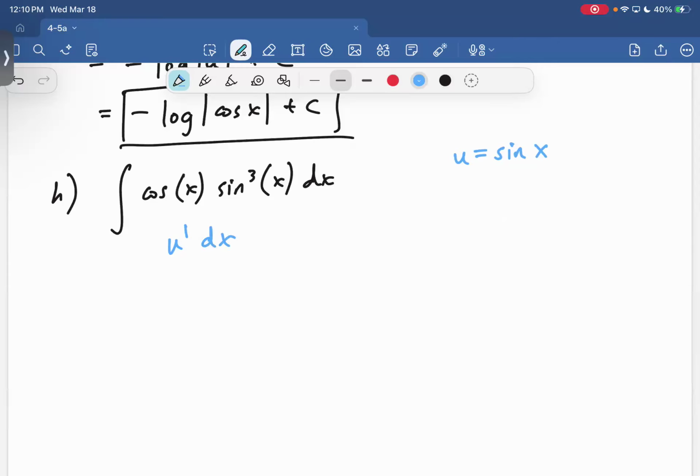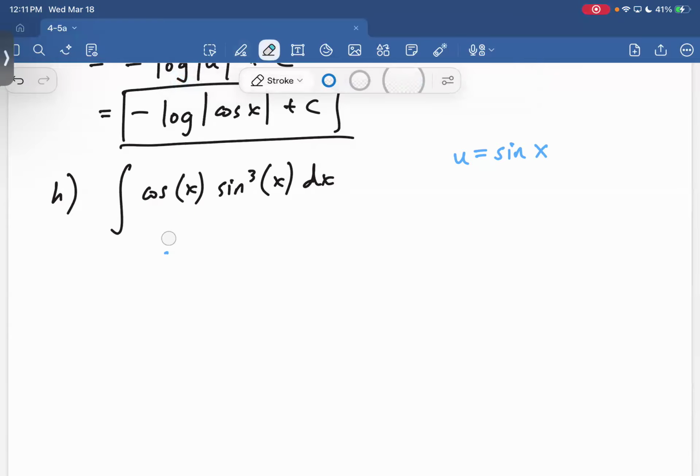In this case, we choose u equals sine x because cosine x dx is in the integral. If you didn't get that, it's your loss.